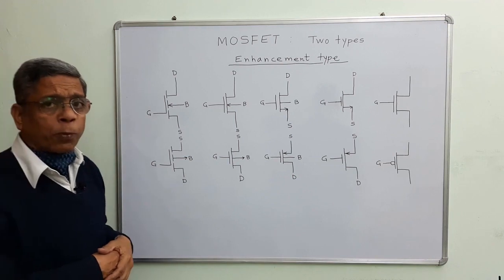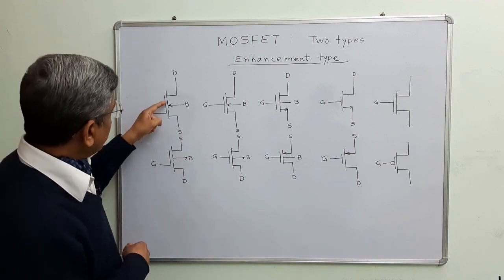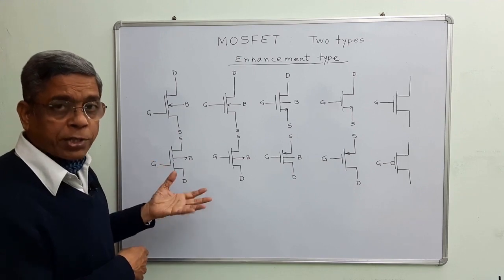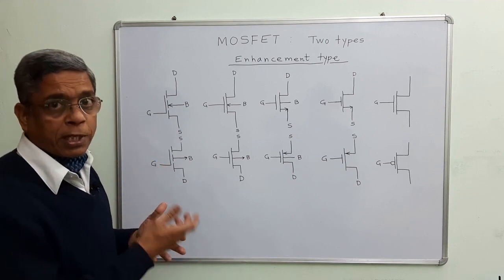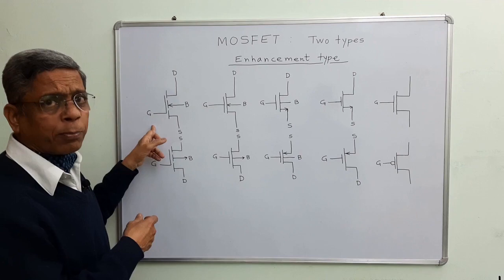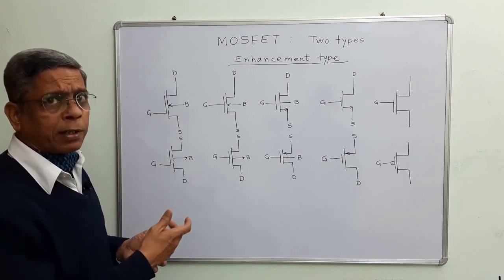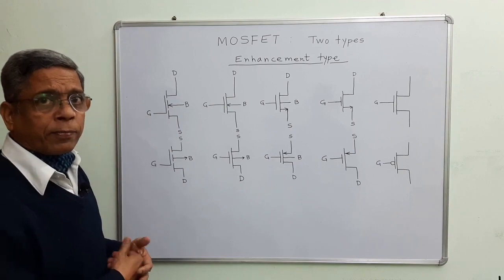And one more important point is here, there is a broken line that indicates the induced channel. A channel is to be induced by appropriate gate voltage depending upon the polarity of the substrate and so many other things. I will explain in detail in the next article.